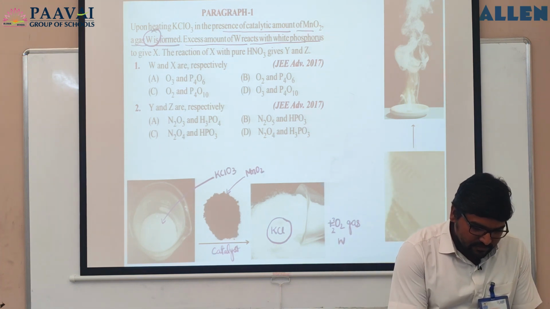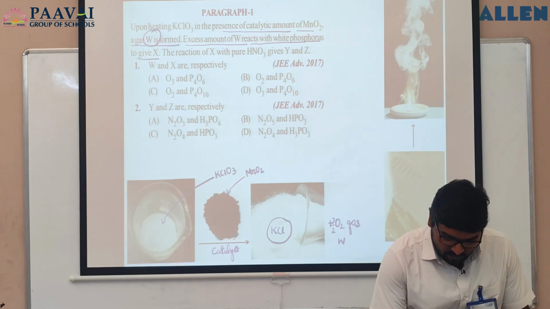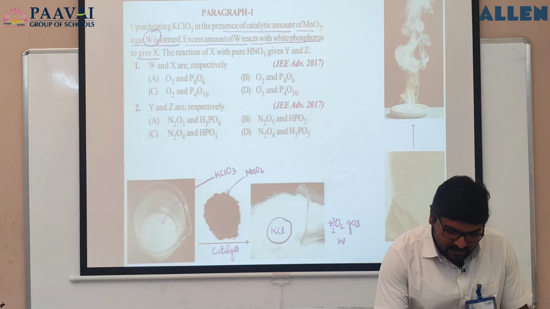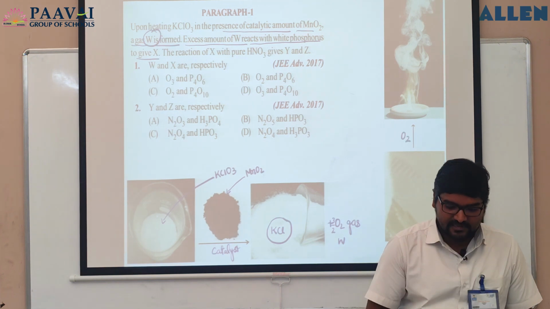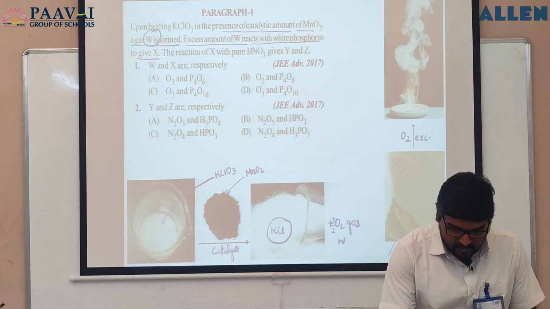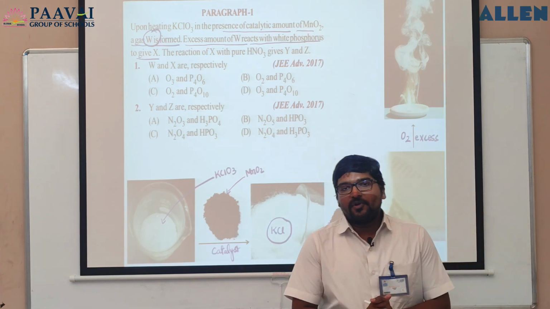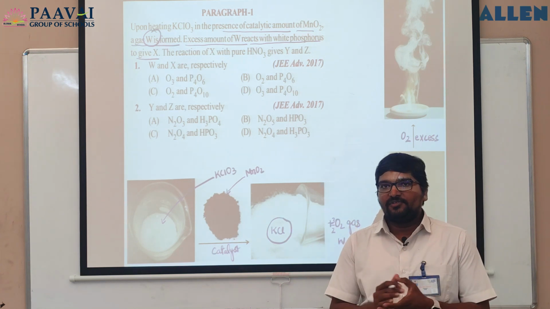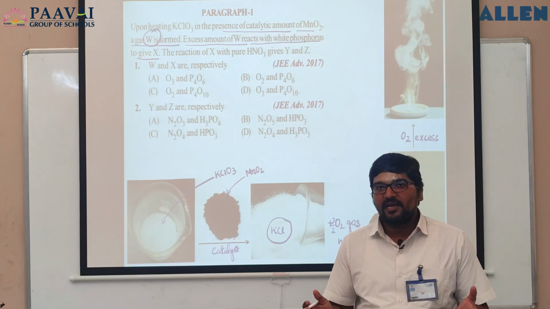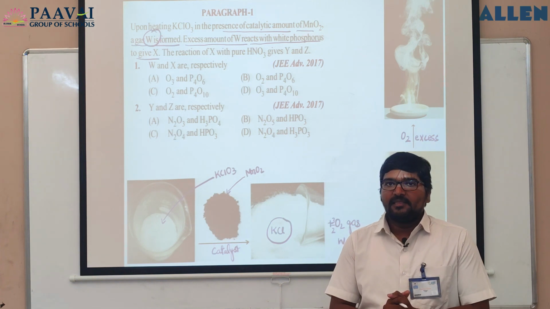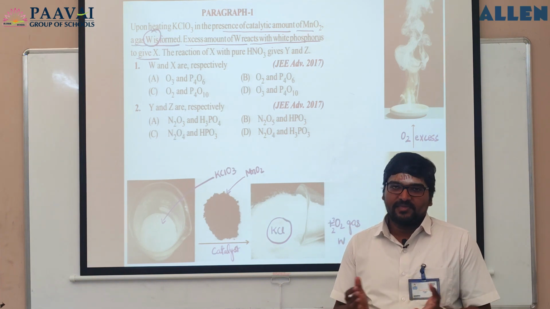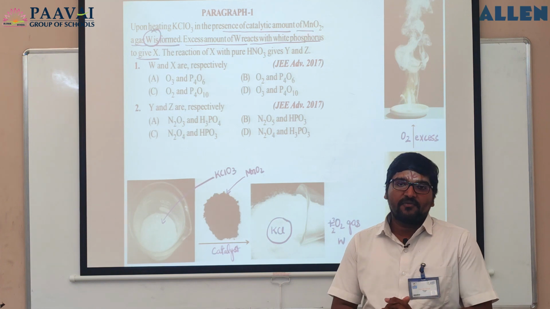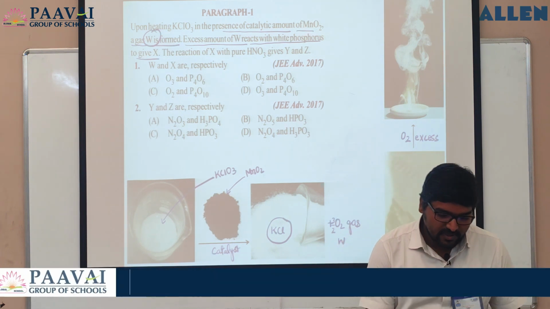Excess amount of W reacts with white phosphorus to give X. So, this is white phosphorus in this flow chart, and we are treating it with excess of oxygen gas. From the reactions of white phosphorus with oxygen, you must remember that if we have limited supply of oxygen, just like air, the major product will be P4O6, but if it is excess of oxygen, we will be getting P4O10.